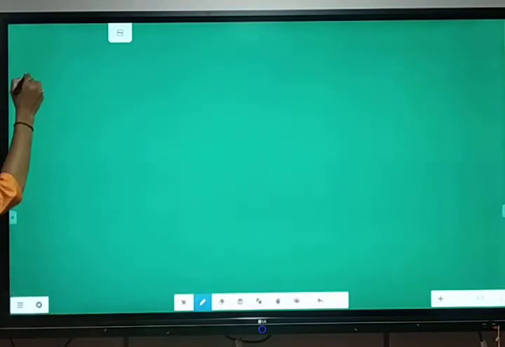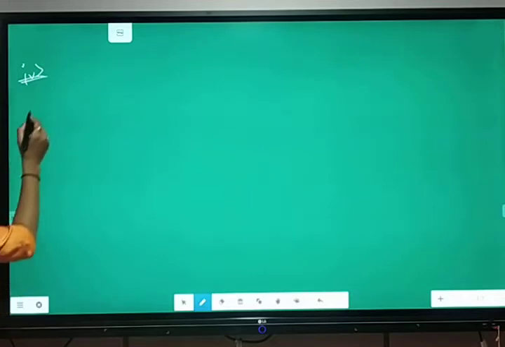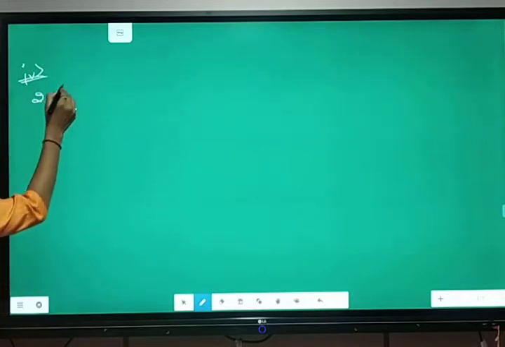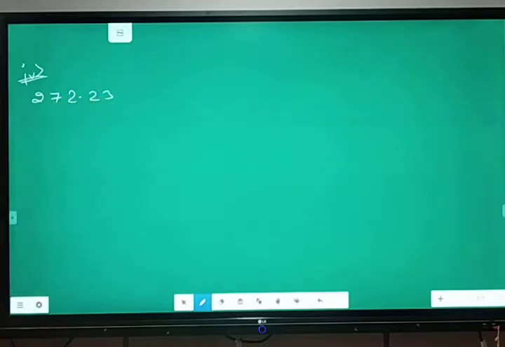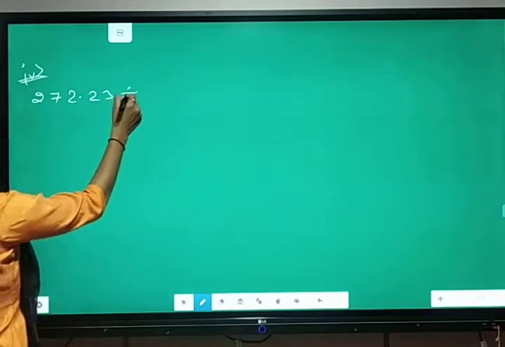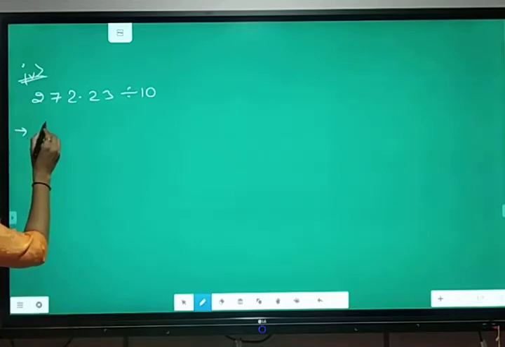Next question number 4 is 272.23 divided by 10. First step is remove the point.